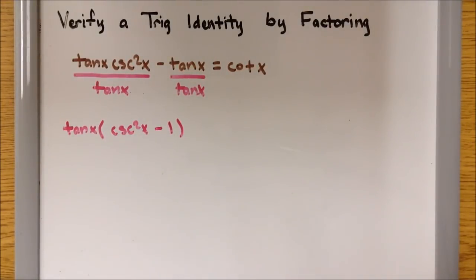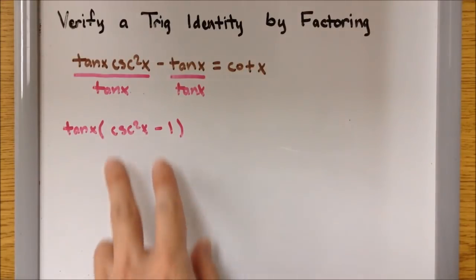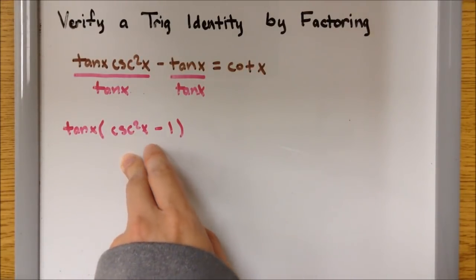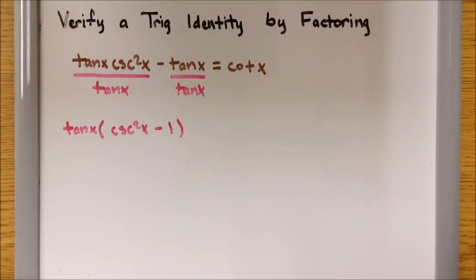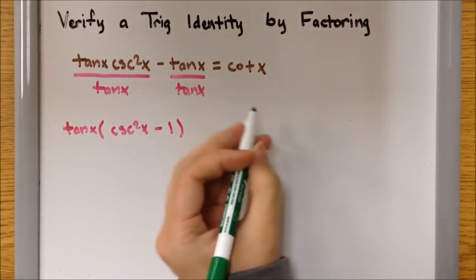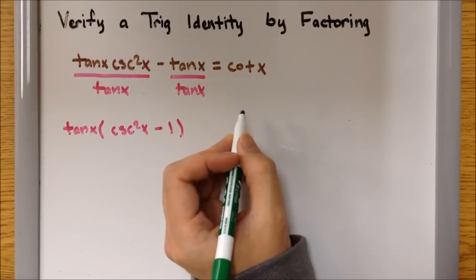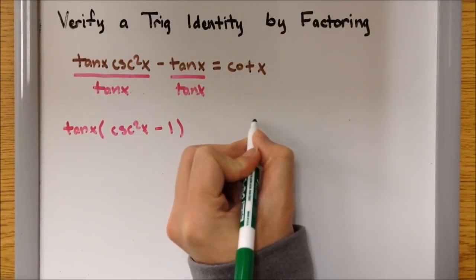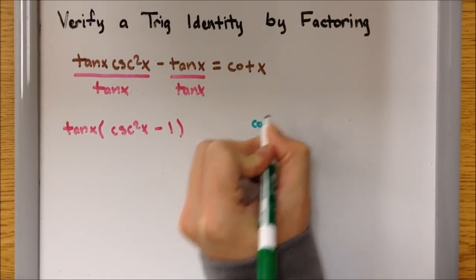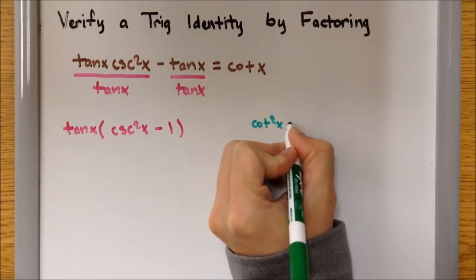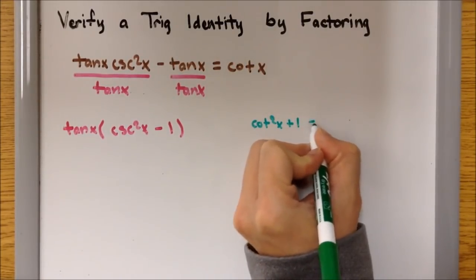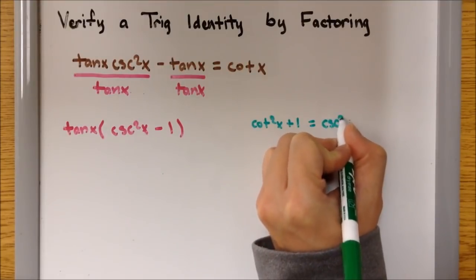Moving forward, I noticed that I have a cosecant square of x minus 1. That one would deal with the Pythagorean identity. So if I were to write it out, the Pythagorean identity is cotangent square x plus 1 equal cosecant square x.